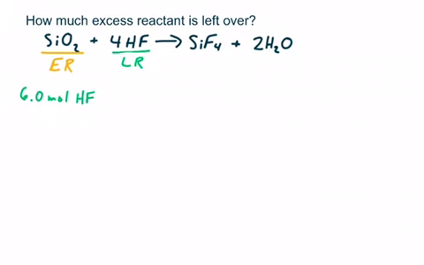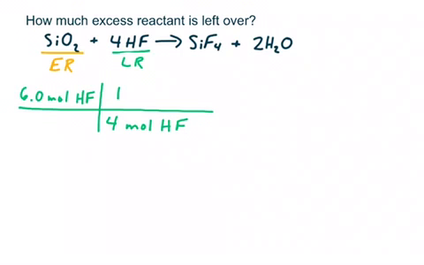Because it's the limiting reactant, all of that 6 moles will be used up, and when it is, the reaction will stop. So if I start out with this much hydrofluoric acid, how much of the silicon dioxide will be reacted with it? Since we're comparing those two compounds, we need to use the mole ratio between hydrofluoric acid and silicon dioxide, which in this case happens to be 4:1.